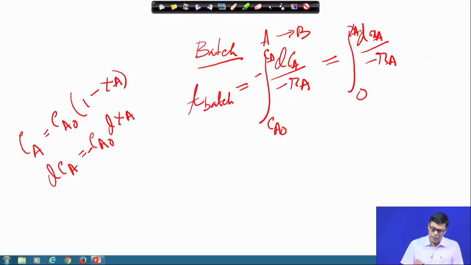Now, when you talk about the design of the reactor, first we shall have to have the basis. And what is the basis? Suppose we want a certain amount of product formation. Let us assume we want to produce 100 kg of product.